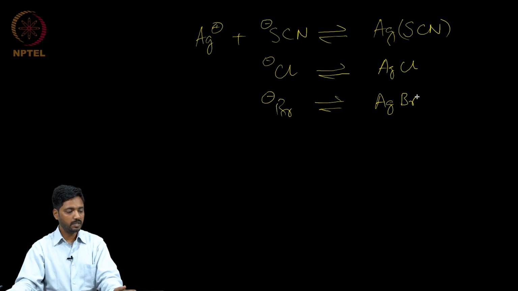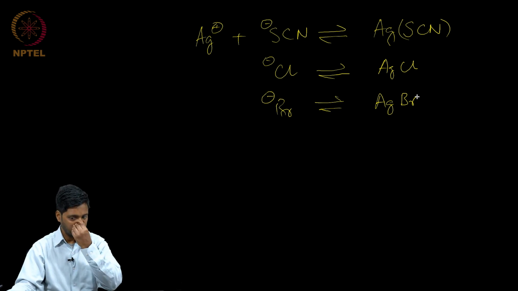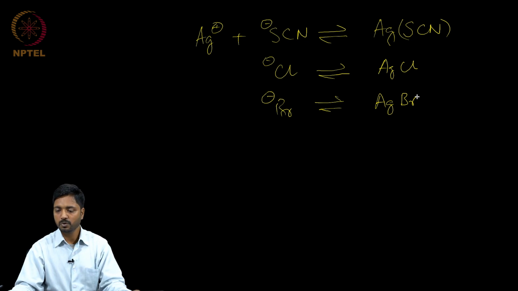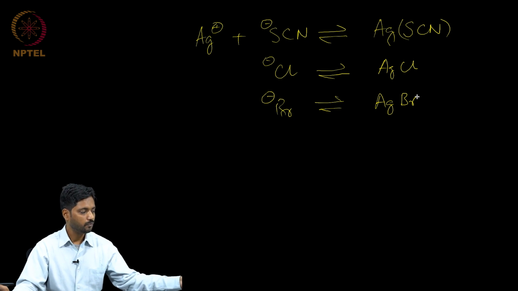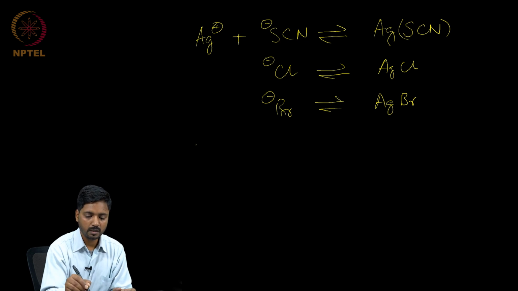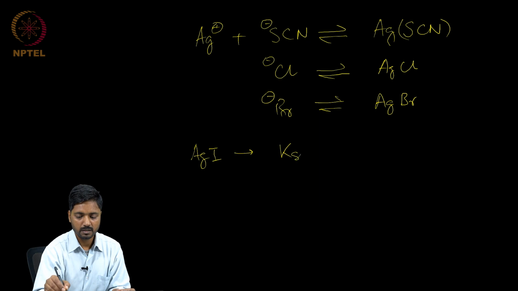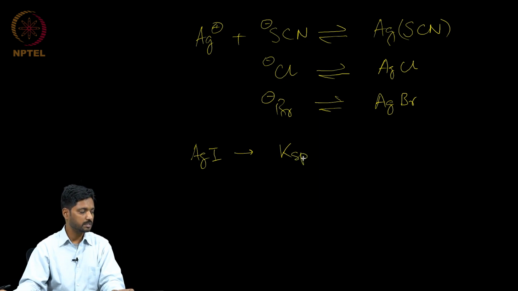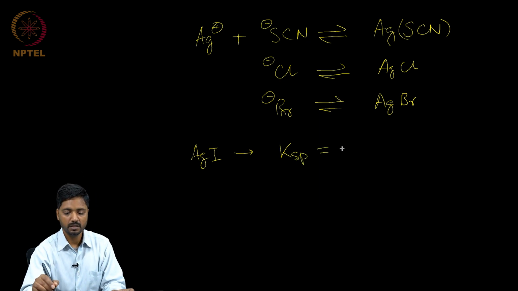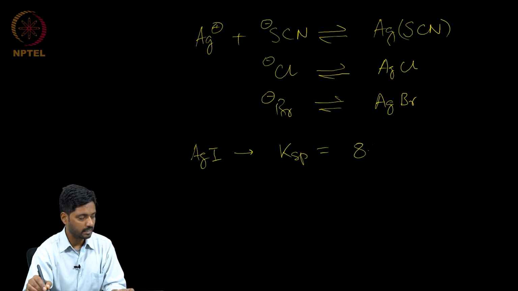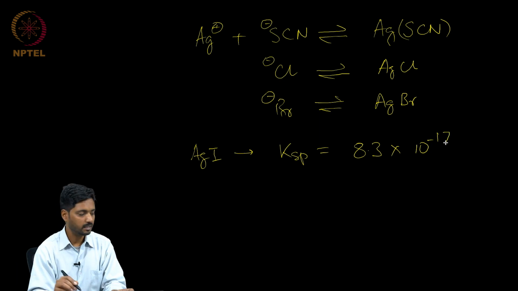Now, since it is an equilibrium reaction, each of these reactions has an equilibrium constant. For example, for silver iodide formation, the solubility product is quite low, at 10 to the power of minus 17.